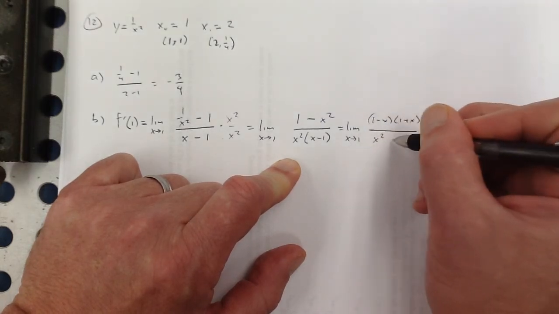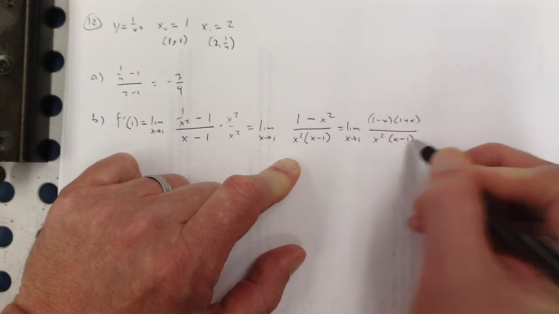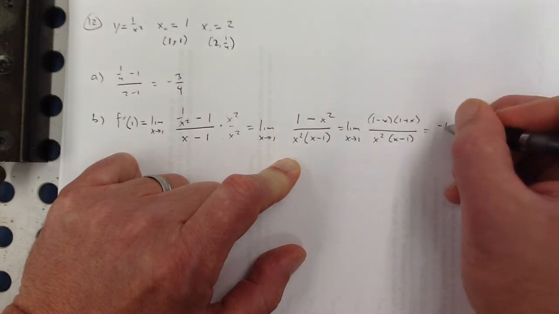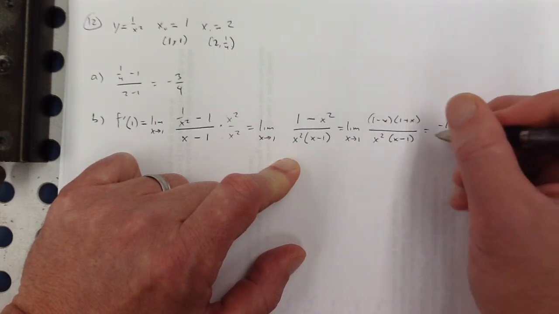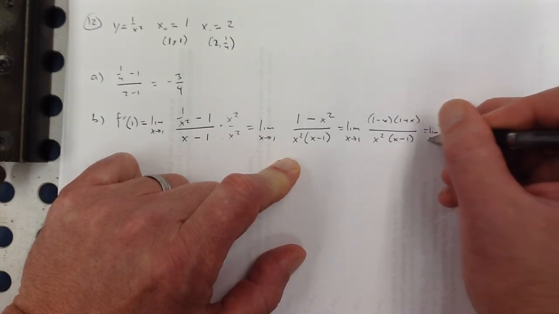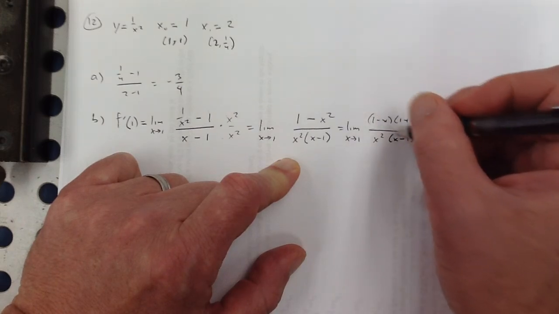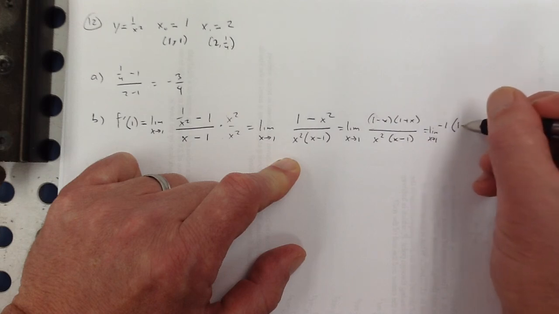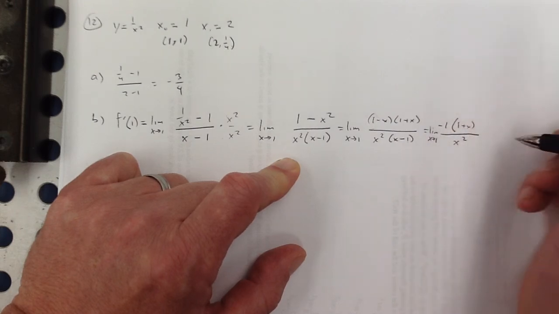And there's that thing showing up again where I have 1 minus x and x minus 1. That turns into a negative 1. And then I have 1 plus x. I haven't done the limit yet, so I still need this. Sorry about that. Those cancel into a negative 1. I got 1 plus x, and then an x squared on the bottom.